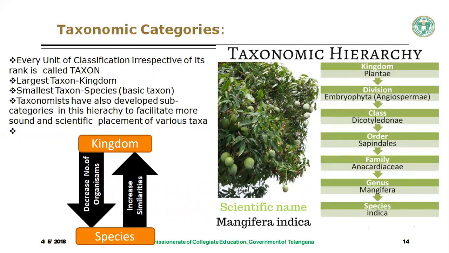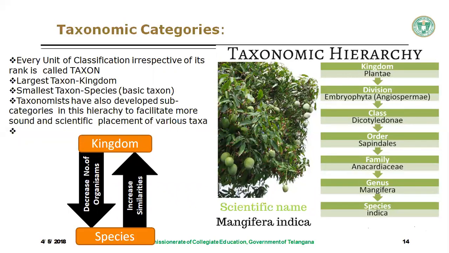Some arranged the taxa without any complexity, but a few taxonomists classified the plants with taxa arranged at subcategory levels also. For example, order, suborder, family, subfamily. In this way, they are again classified into subcategories.